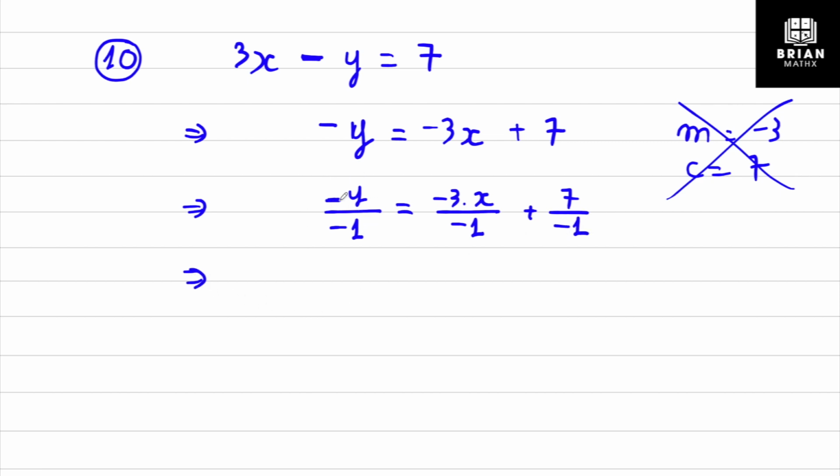From here, negative over negative, you get positive, so y divided by 1 is only y. On the other side, -3 divided by -1 gives 3x, and 7 divided by -1 gives -7. So from here, we can be sure that m equals 3 and c equals -7.